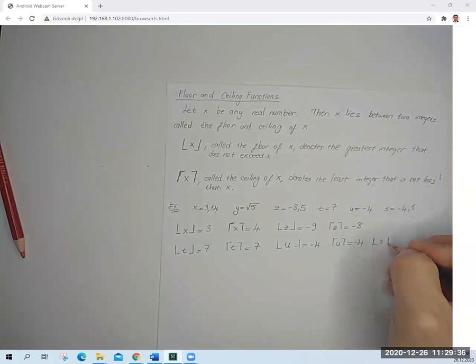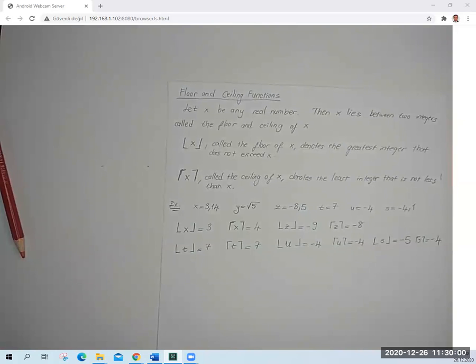Minus 5, and the ceiling of s is equal to minus 4. Okay, this is the example of the floor and ceiling function.